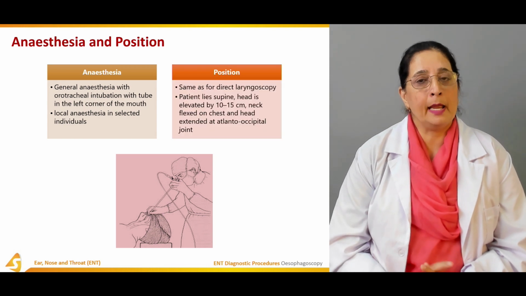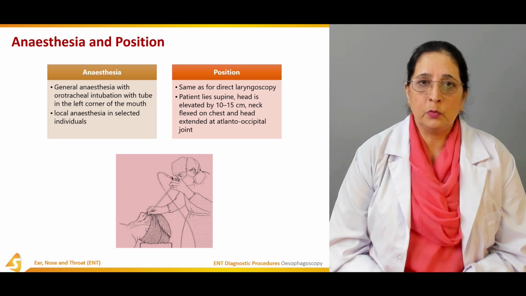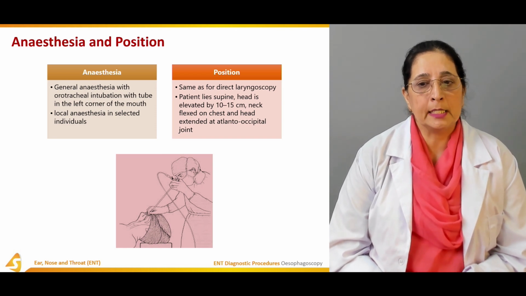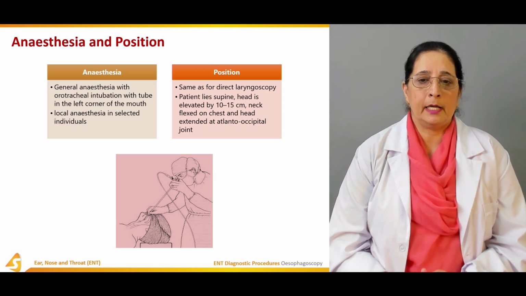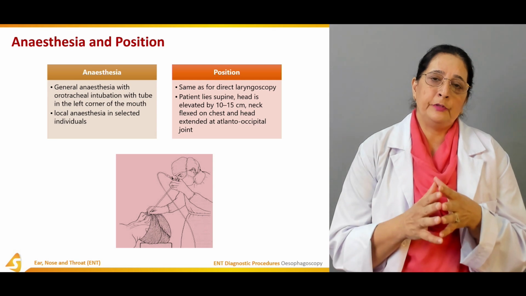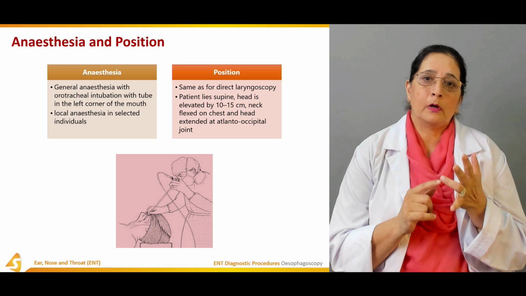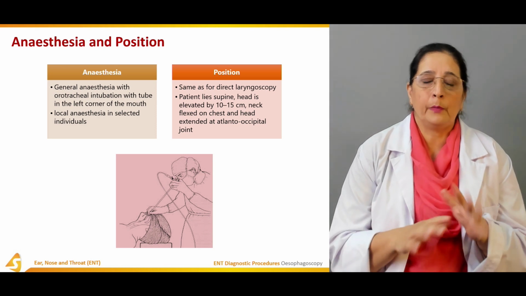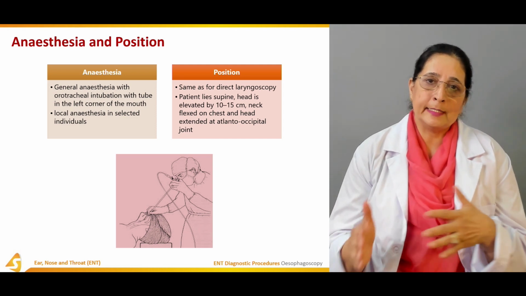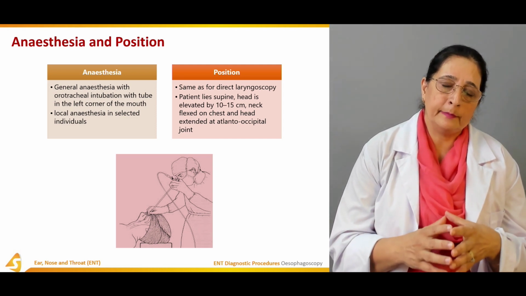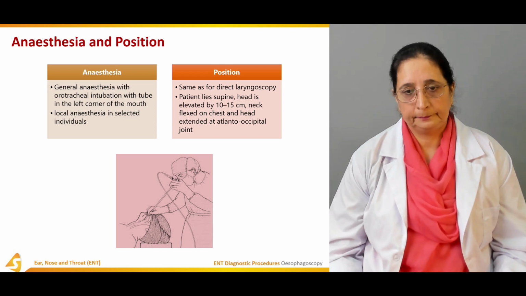Position is the same as for direct laryngoscopy: patient lies supine, head 10 to 15 centimeters elevated, neck flexed on the chest and head extended. Whether it's laryngoscopy, bronchoscopy, or esophagoscopy, the position of the patient is the same. Mostly general anesthesia is used; sometimes local anesthesia.